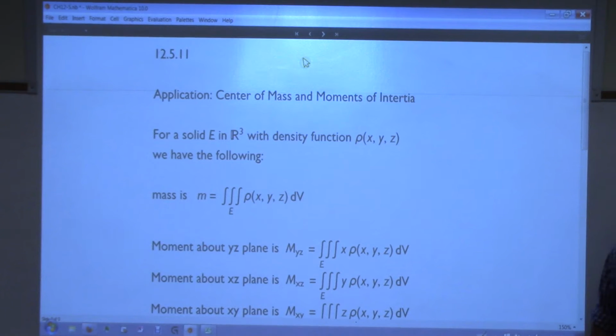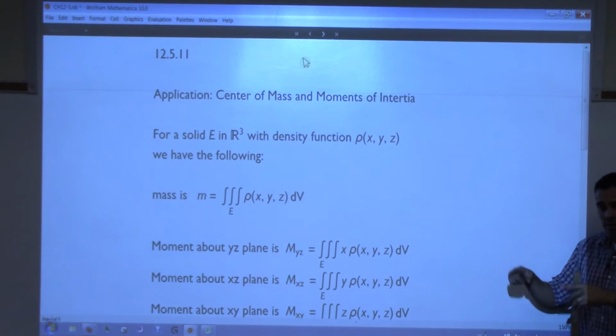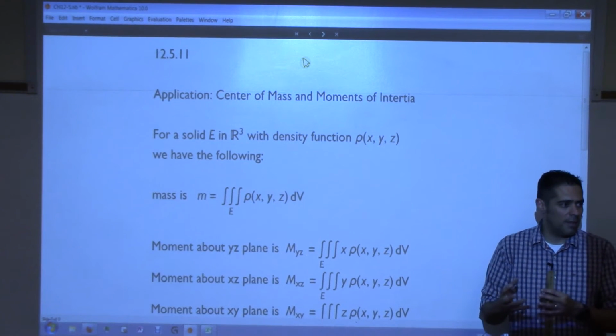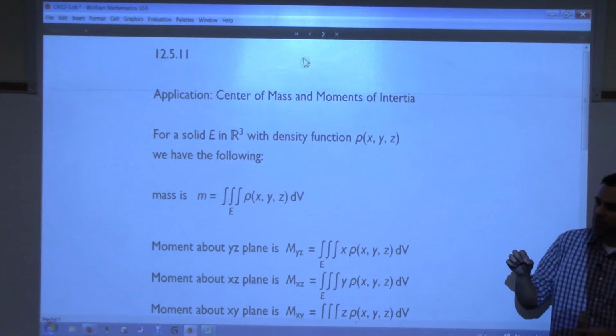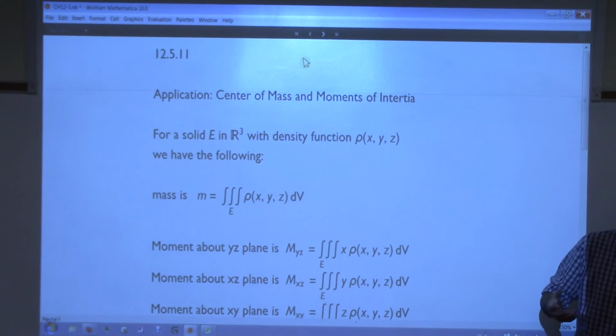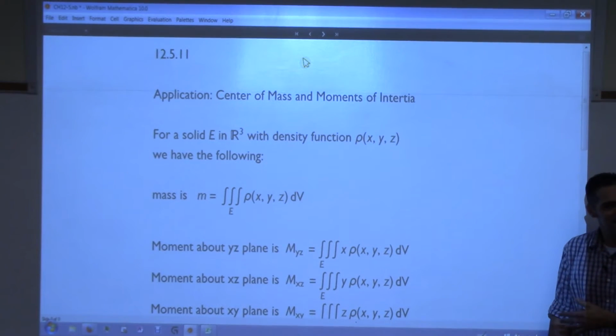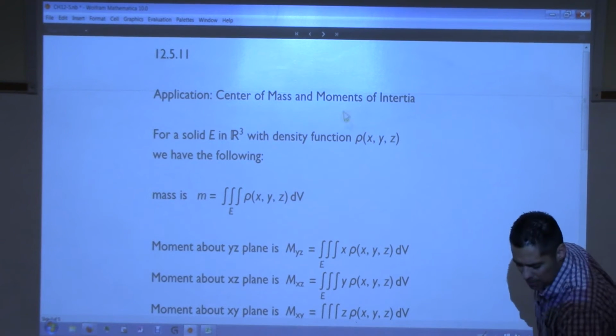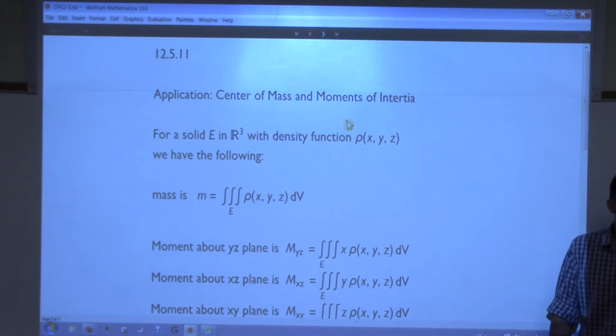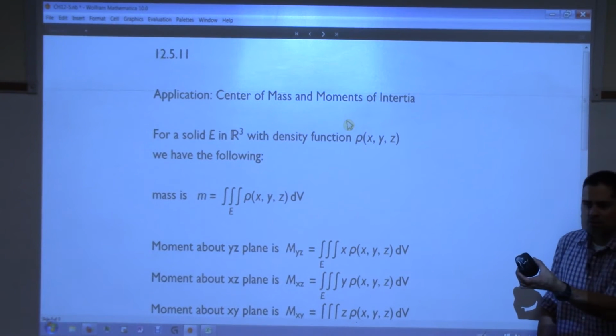Application of a triple integral. We saw when we had a lamina last class, if that lamina had a density function, we could find its center of mass. We could find its moments of inertia, things like that. Well, we don't like laminas because we live in 3-dimensional space. So I'd be more interested in finding the center of mass of some object, right?